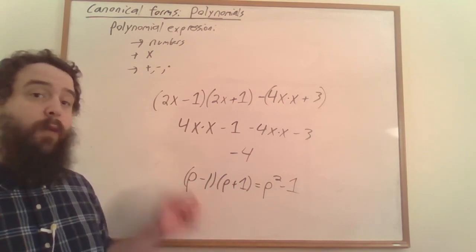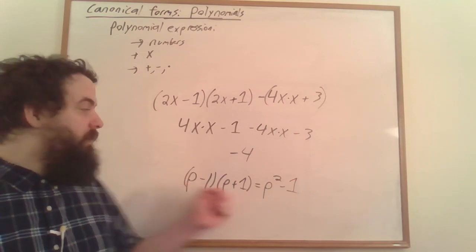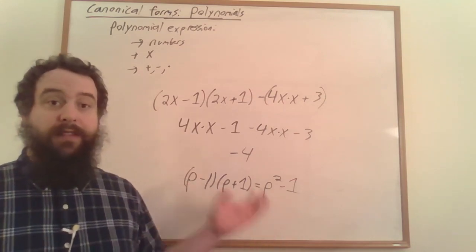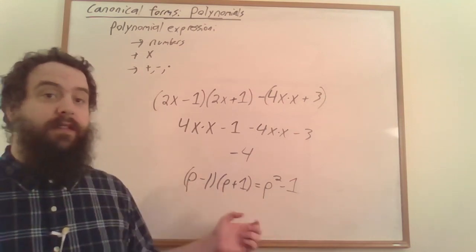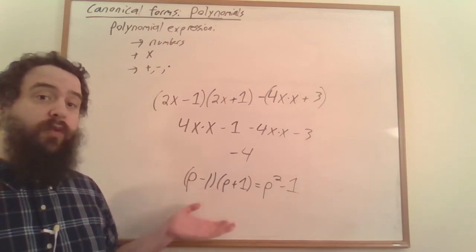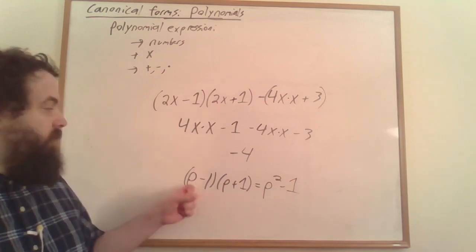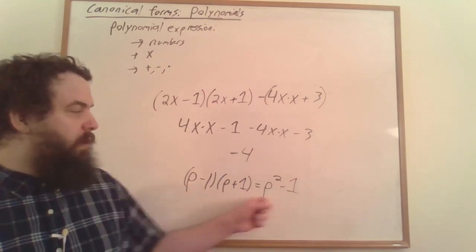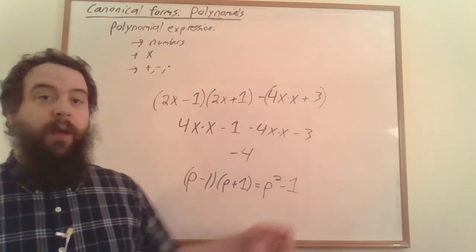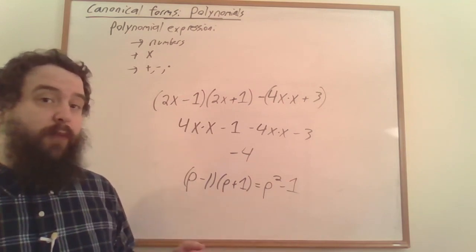We can plug whatever we want in for all of these p's, and provided we plug the same thing in for each of the p's, we're going to get a new true equality within algebra. And we can do this with numbers, so like 10 minus 1 times 10 plus 1 is equal to 10 squared minus 1, but we can also do it with algebraic expressions.